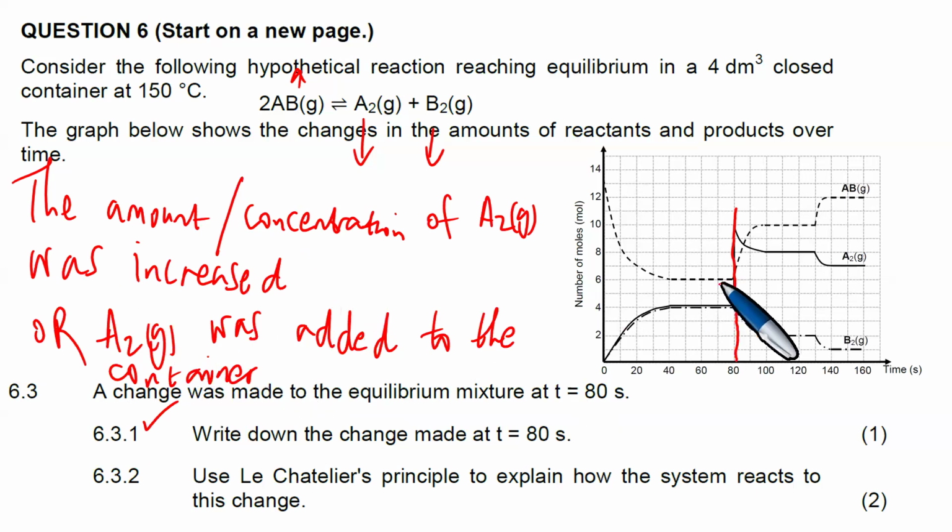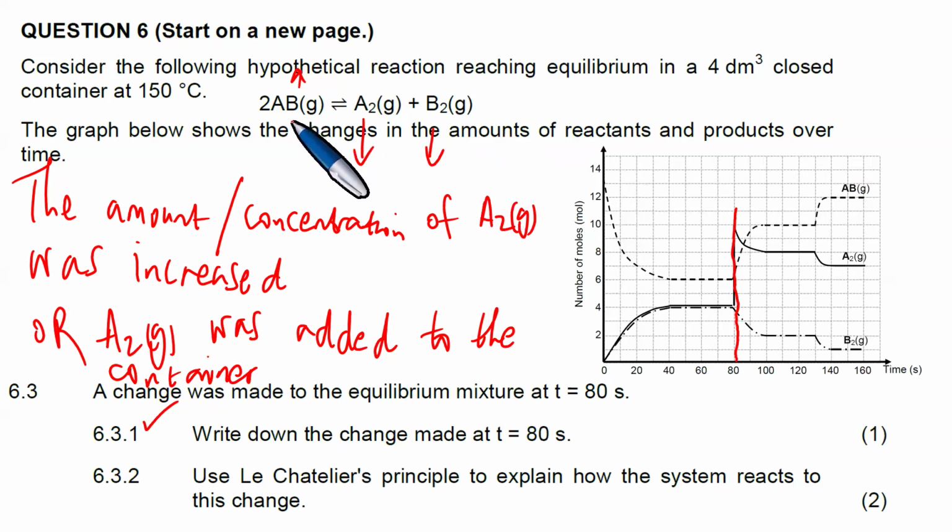Okay, because now, if you look very carefully at 6 point, write down the change at this. What we are seeing is that suddenly the products themselves decreased in concentration and the AB increased in concentration.